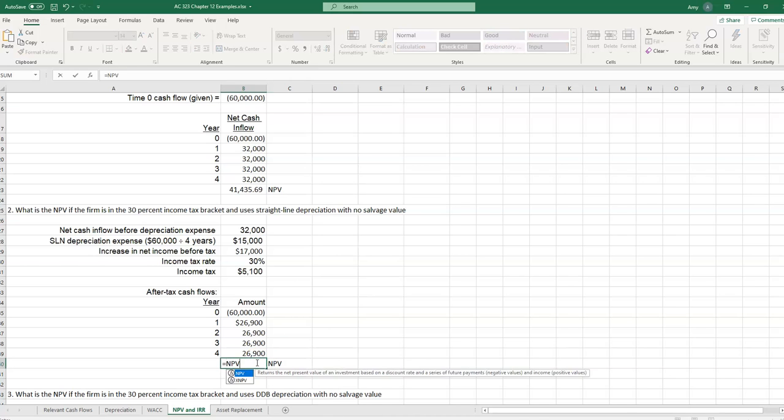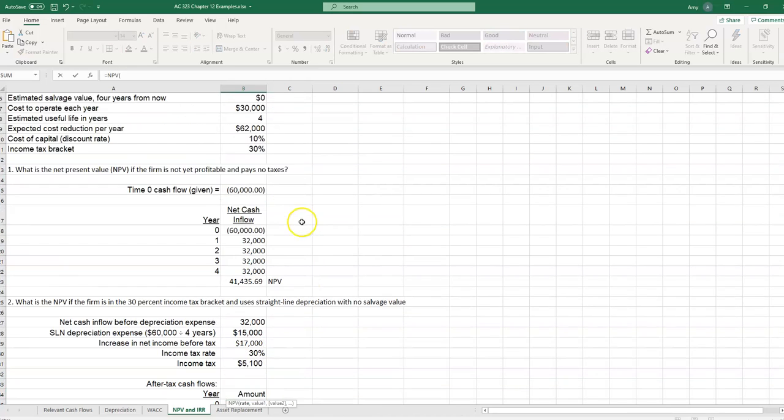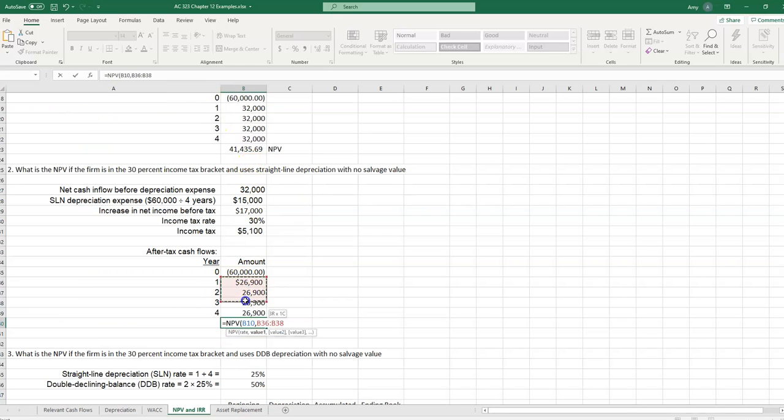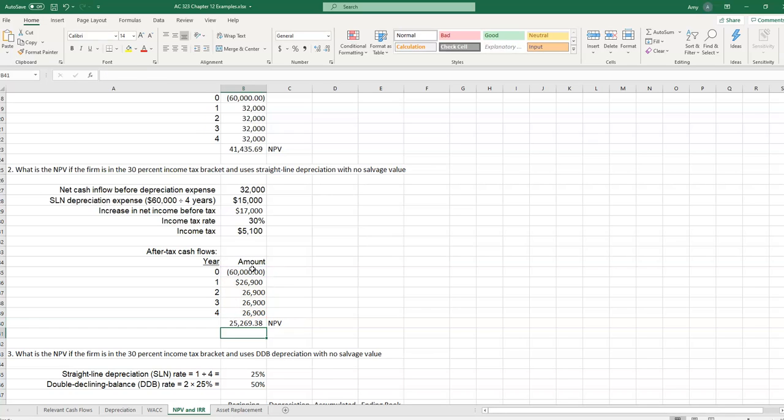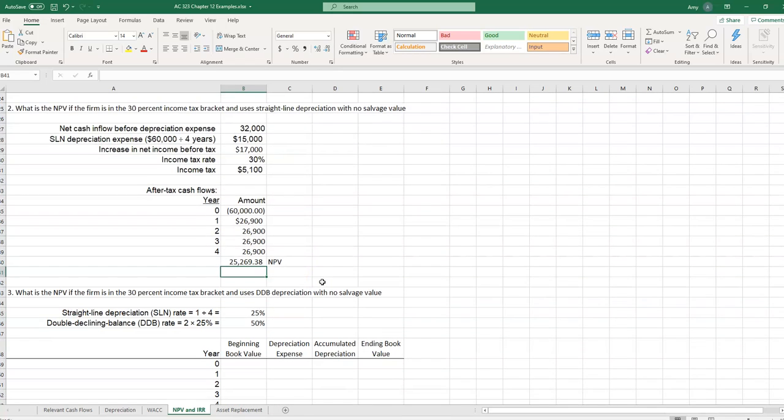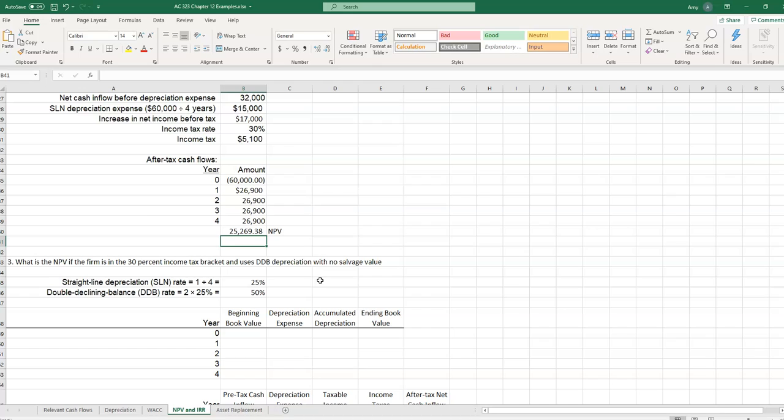So equals net present value, our rate of 10%, the positive cash flows in years 1 through 4, and then we add the year 0 cash outflow. So the net present value, if we are in a 30% tax bracket and have straight line depreciation, is $25,269.